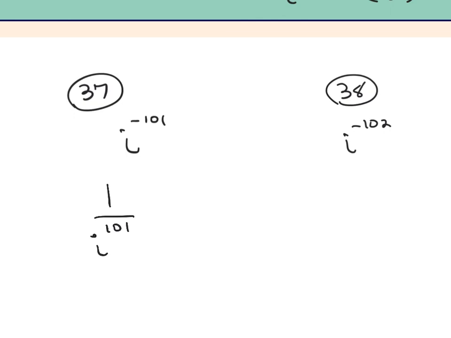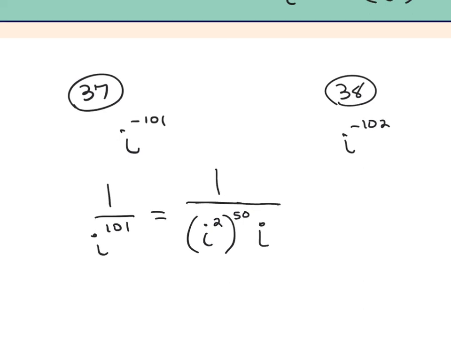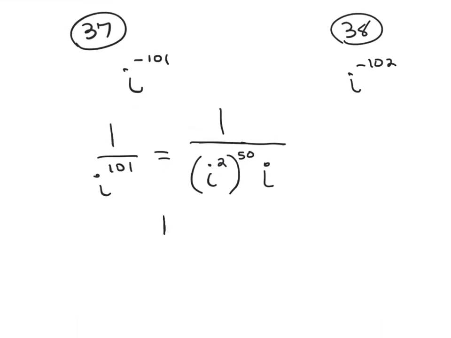Again, you're going to divide that exponent by 2. And 2 will go into 101 50 times with 1 left over. 50 is an even number. So -1 to the 50th power gives me +1. So then I get 1 over i.